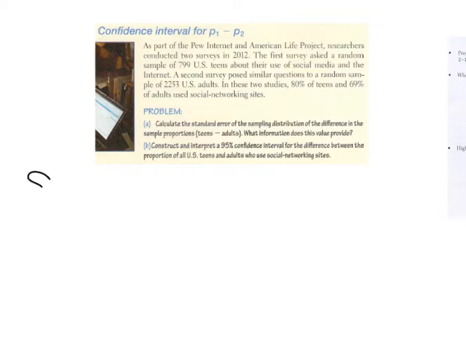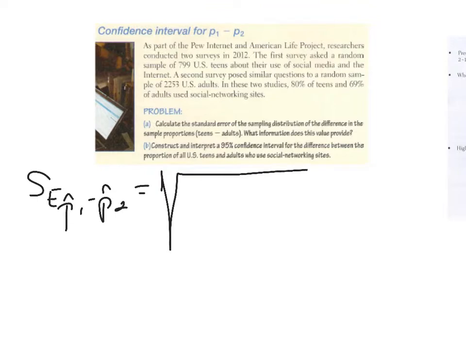So we're looking for our standard error of p hat 1 minus p hat 2. And what this is going to give us, again, is our standard error of each one. Our first sample here was the teenagers. Of my teenagers, my p hat 1 is 0.8. Of my adults, my p hat 2 is 0.69.